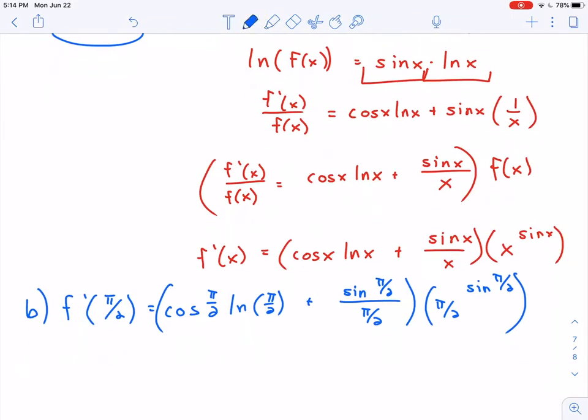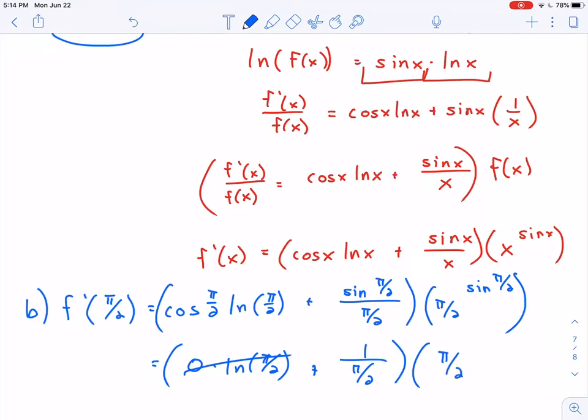Cosine of pi over 2, that's actually just 0 times natural log of pi over 2, so this term is going to drop off. Plus sine of pi over 2, that is 1 divided by pi over 2. We'll have to simplify that in just a second. And then all of this to the pi over 2 raised to the sine of pi over 2.